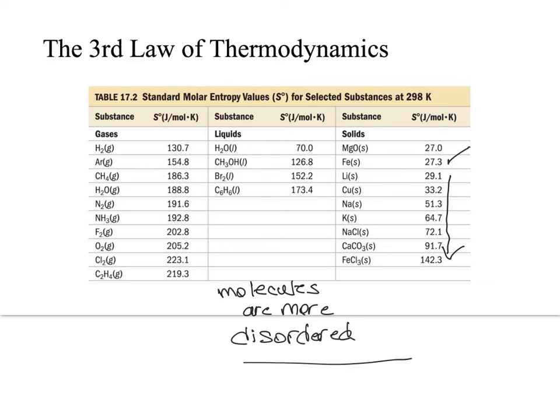And then lastly, looking at the gases, chlorine gas has an entropy of 223.1. So again, we see that as we increase in size and go from solid to liquid to gas, entropy increases.